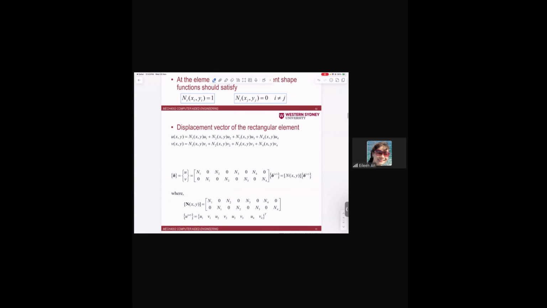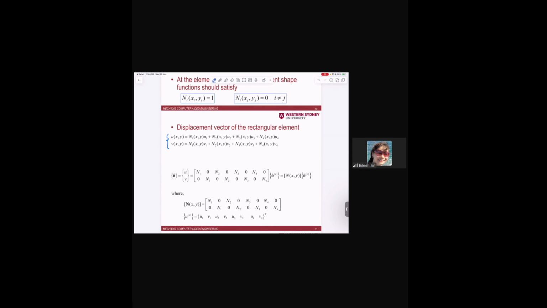Okay, now we know in the rectangular element, we have the shape functions. And if we want to use those shape functions to calculate the displacement, we need to use those equations, right?